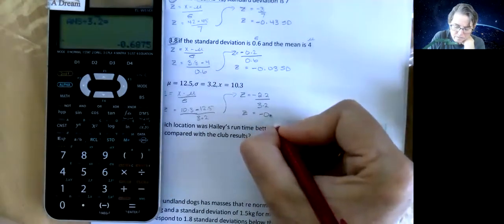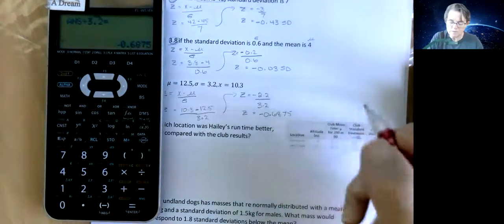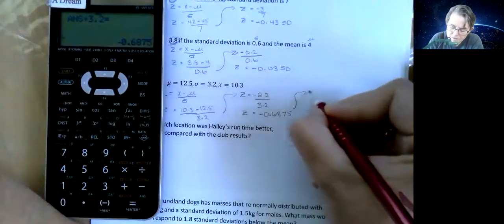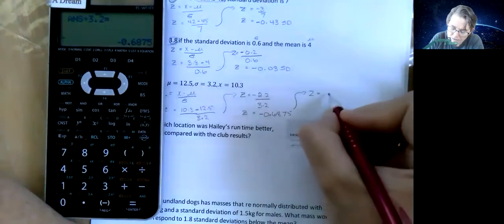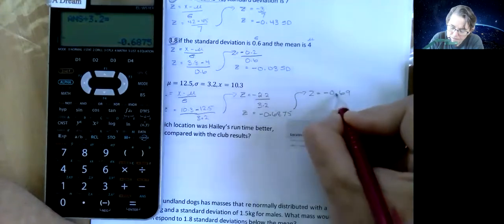Negative 0.6875. Whoops. I said 2 decimal places, so negative 0.69.